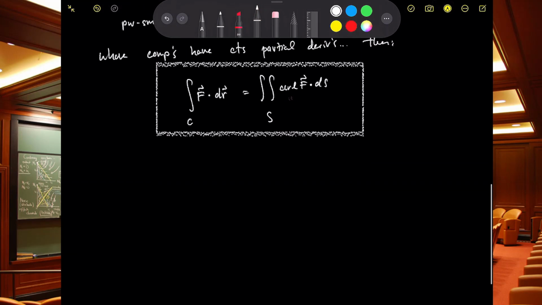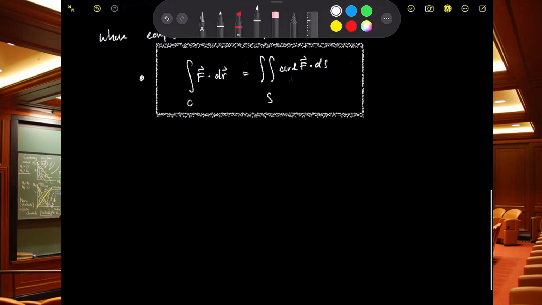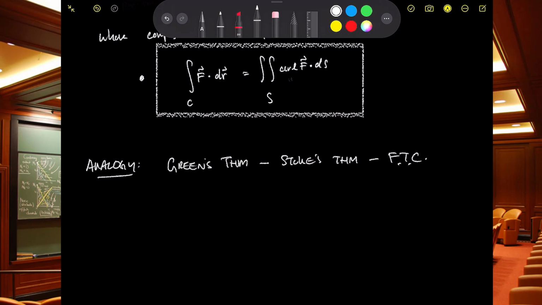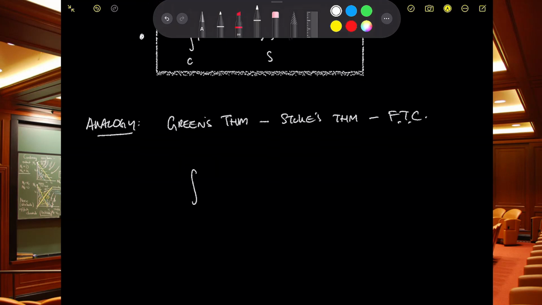So this may or may not look thematically similar. There is an analogy here between Green's theorem, Stokes' theorem, and the fundamental theorem of calculus, which is that we have some integral of derivatives being mapped back and forth between values of f at the boundary.